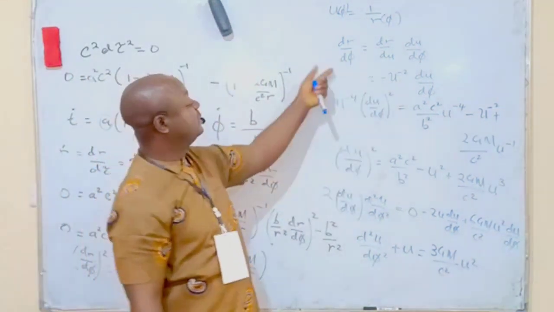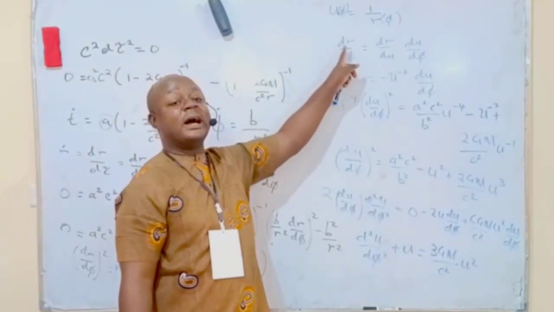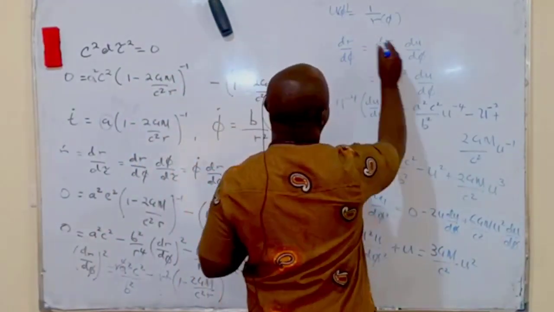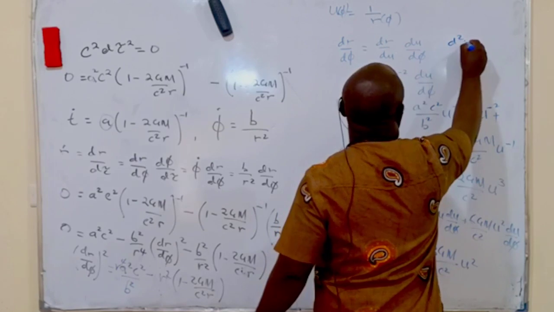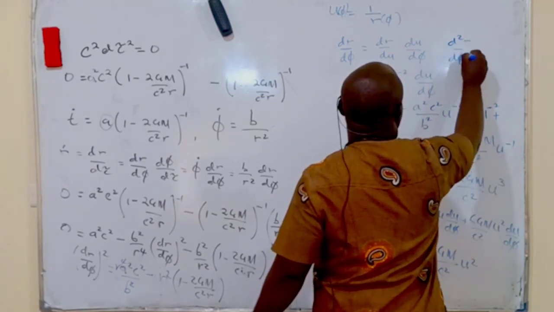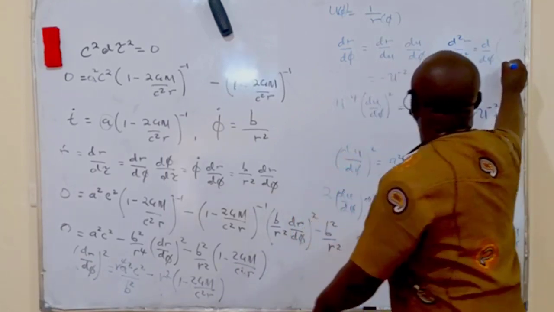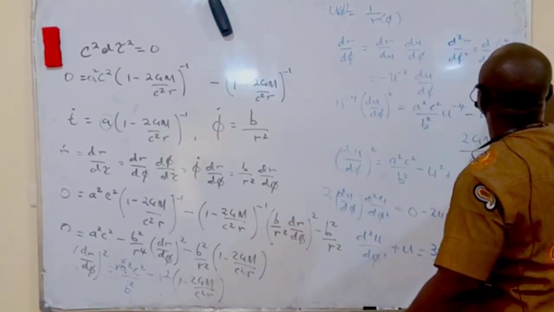In your substitution, you not only end with dr d phi, but you have to go to d squared r d phi squared. So you need to find d squared r d phi squared, which is d phi of minus u squared du d phi.